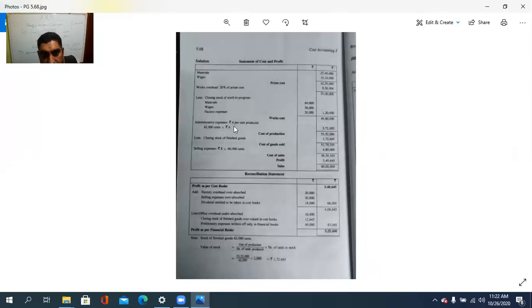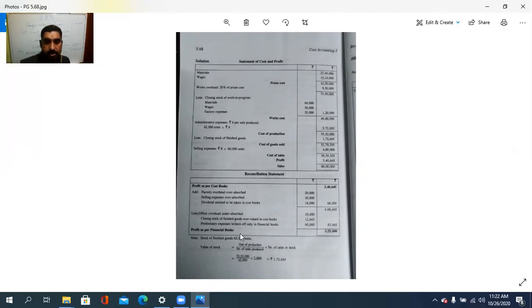Here administration expenses is 3,72,000. So 3,82,400 minus 3,72,000. So it is how much? 10,400.